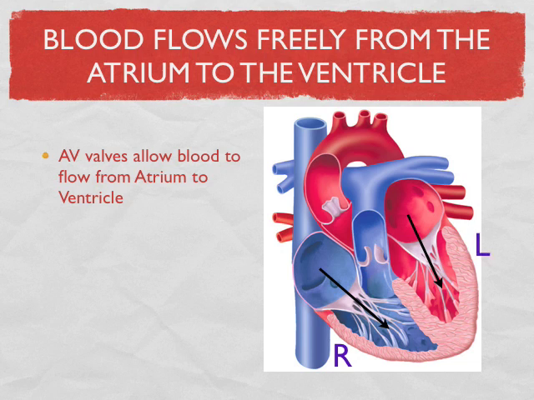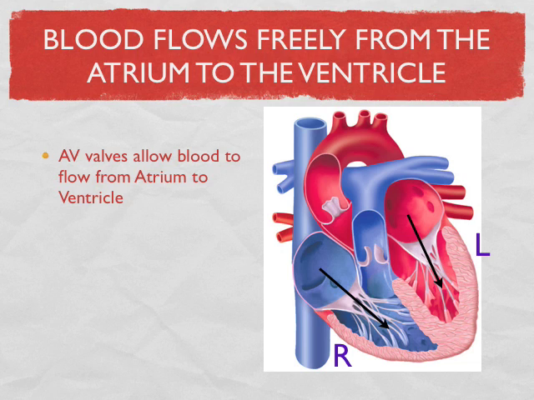Now the AV valves, these atrioventricular valves, allow blood to flow from the atrium to the ventricle. There's nothing to prevent that movement. Okay? As blood flows down here, the little canopies of the valves are just going to hang out there. But what happens now when the ventricles begin to pump?